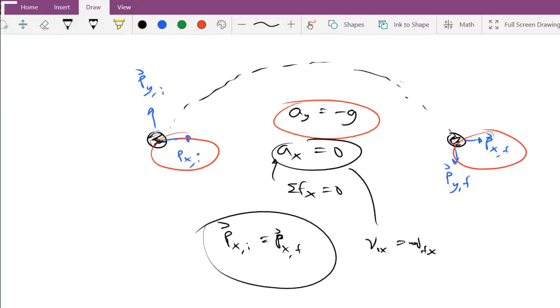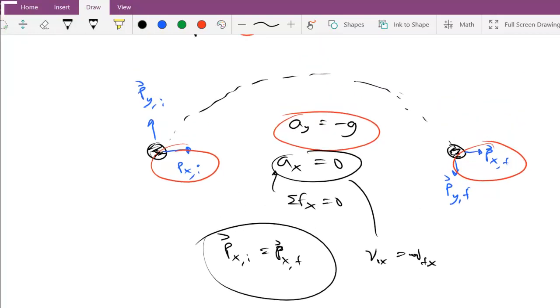However, this is not true in the y direction because gravity acts on it. Clearly, our momentum changed here. It was upwards initially, and then it was downwards final. And this follows everything that we know about the velocity changing direction in the y as well because of the acceleration due to gravity.